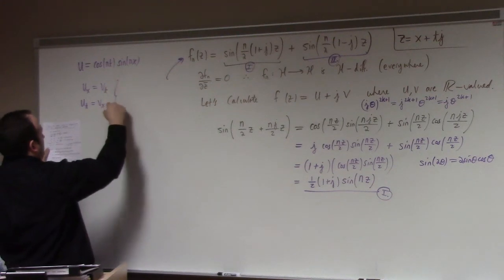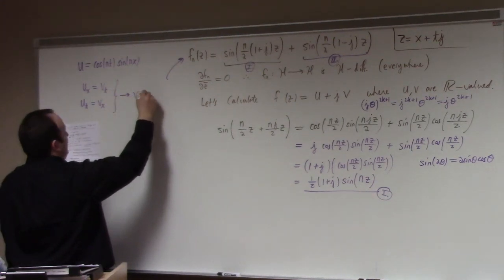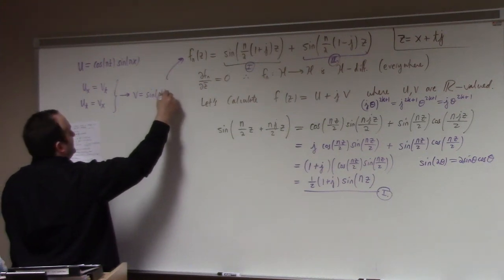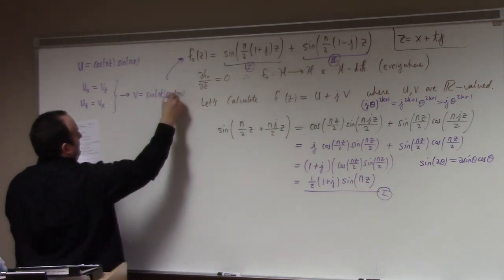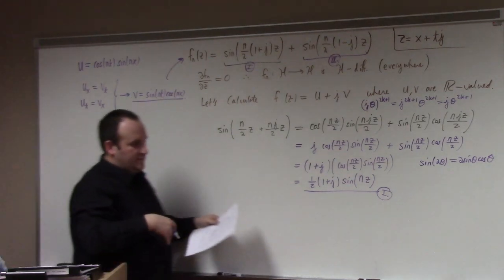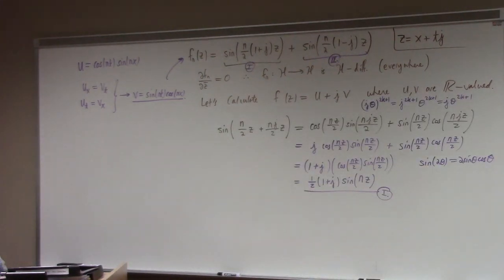And these, of course, told me that v was equal to sine nt cosine nx. Oh, and that is, in fact, what I just recovered again, isn't it? Sorry, it had slipped my attention. I was hoping that this one function had both this kind of thing and that kind of thing in it. It just doesn't, right?